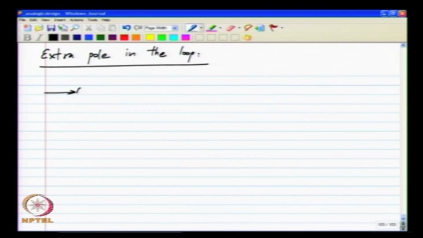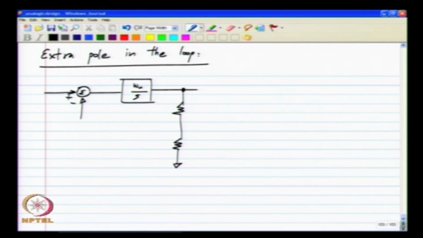So, for now we will simply model it as our usual system, an integrator with a unity gain frequency omega u, a voltage divider of fraction 1 by k, and here I will simply have an ideal block which models the pole.